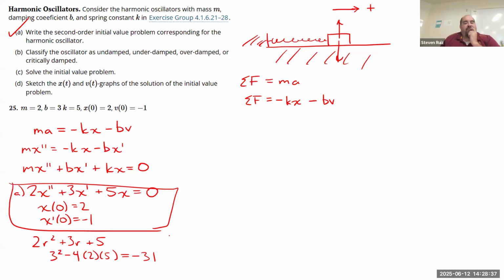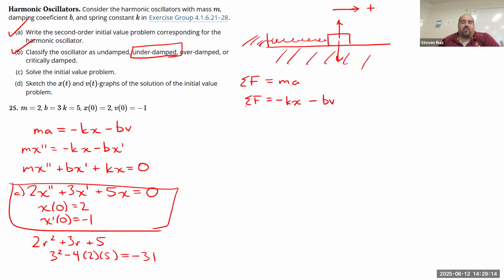We're not going to have any real roots to our characteristic equation, and in that case, we have an underdamped solution. Which means when we solve this problem, we should expect to see a response that oscillates. It's not just going to monotonically go towards rest.